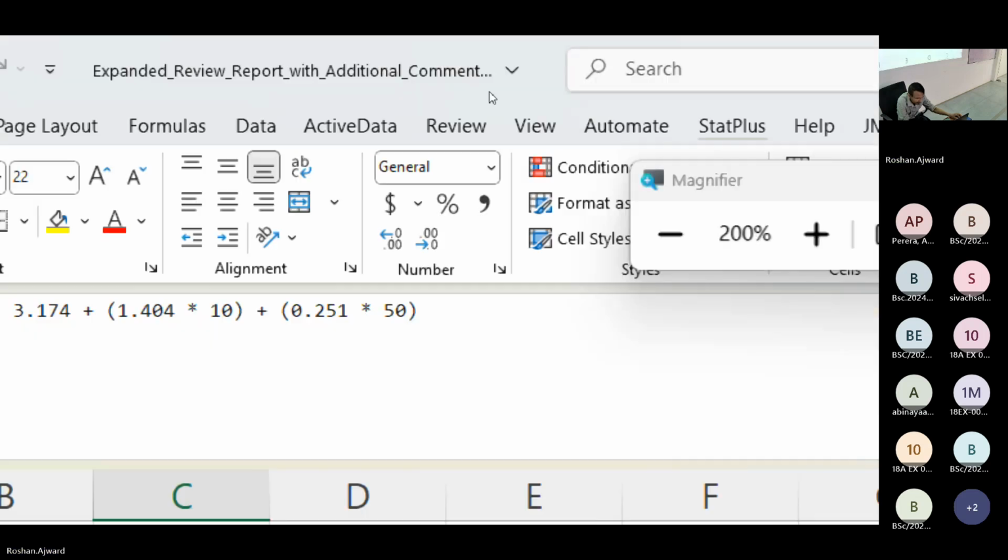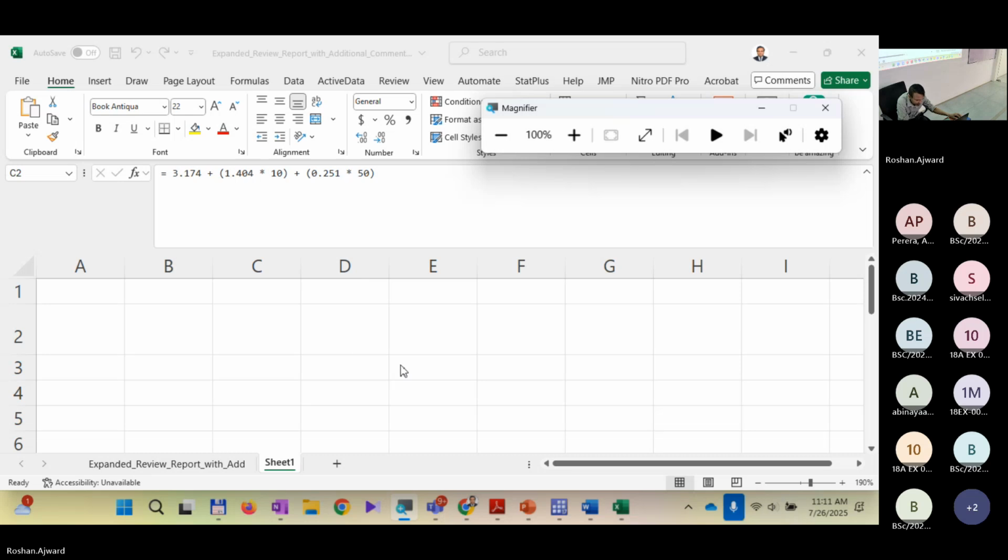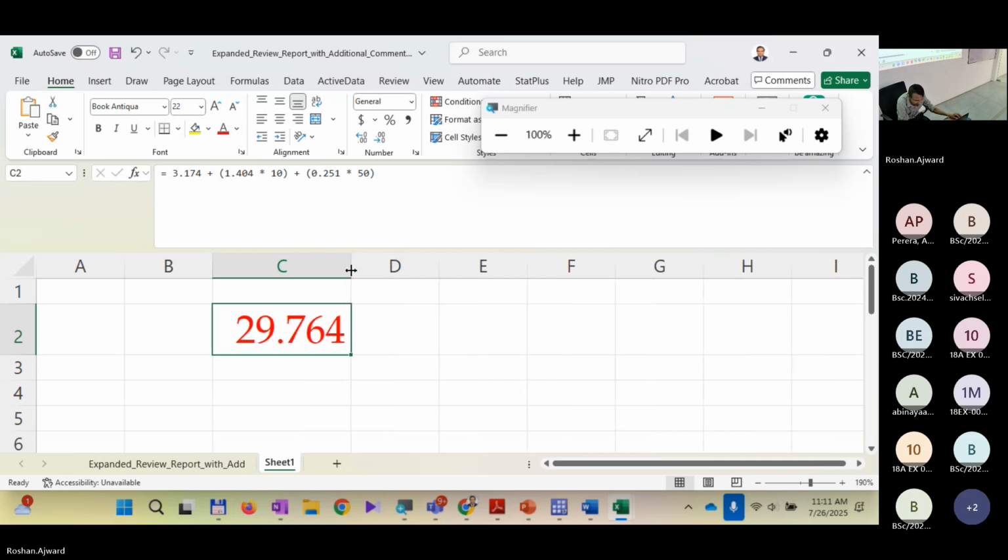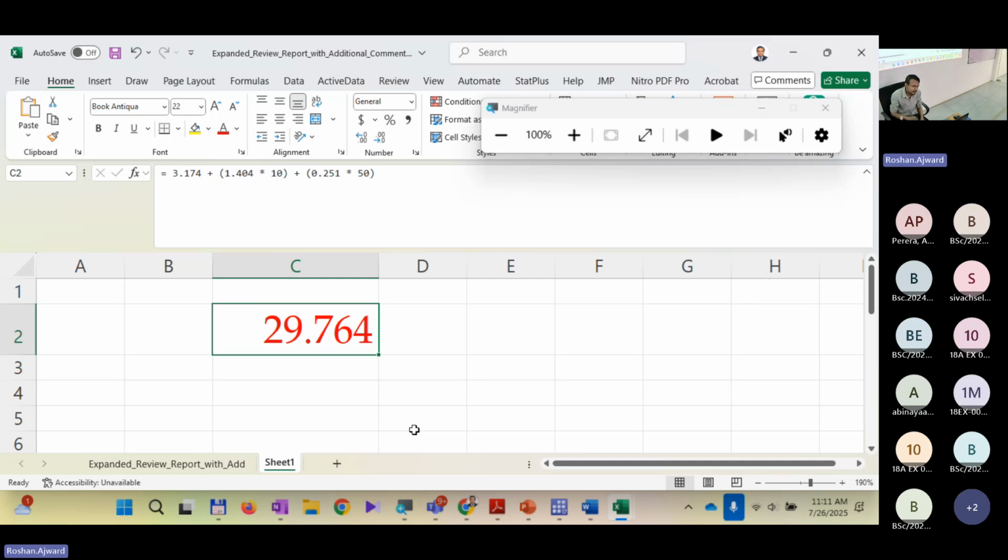You get 29.764. Is that what you thought? But this is in thousands. Remember, computer programmer salary was given in thousands.